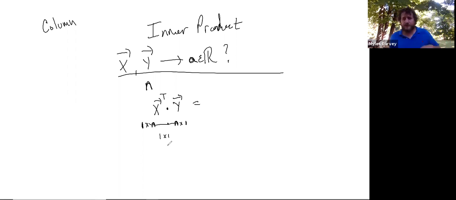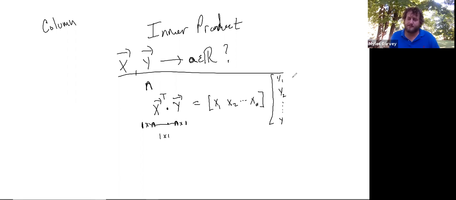We can convert them to numbers by multiplying the elements and adding them all together. So the way that we represent this is x1, x2, up to xn. And then we have our column of y's, y1, y2, yn. And again, what we do is we multiply this times this, that times that, and we add them together.